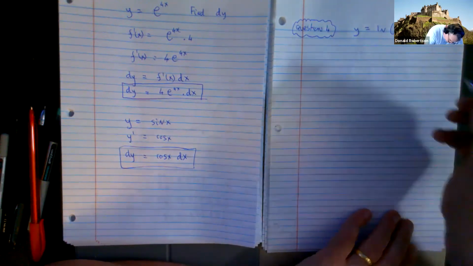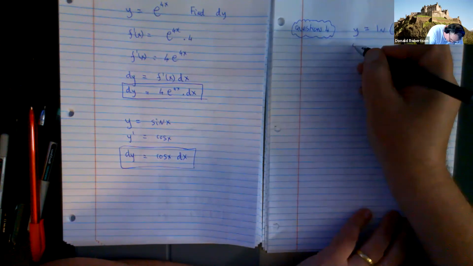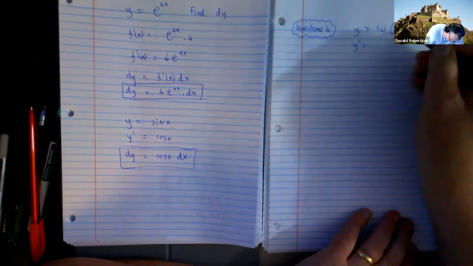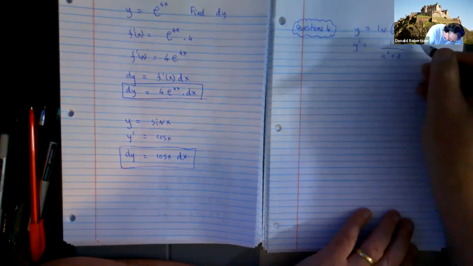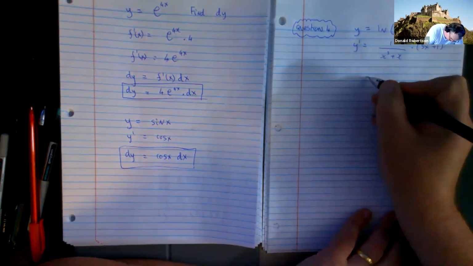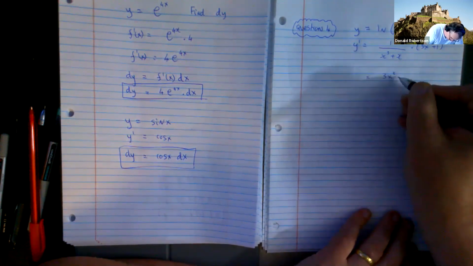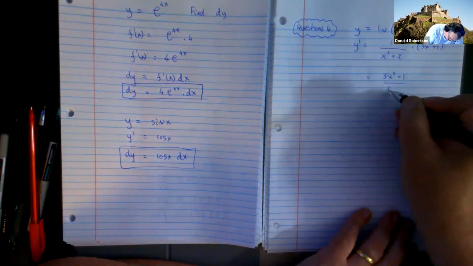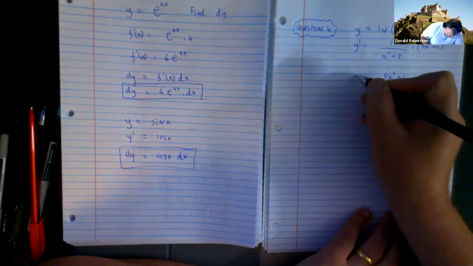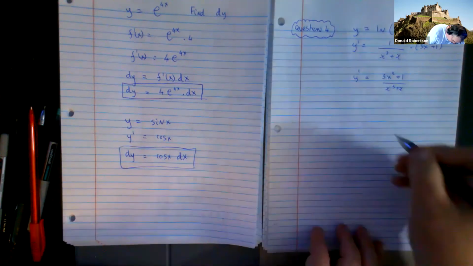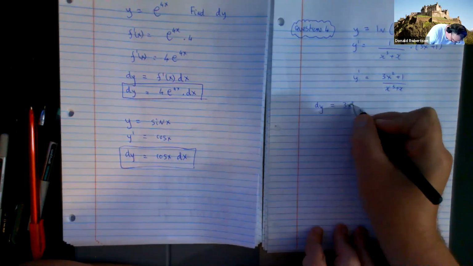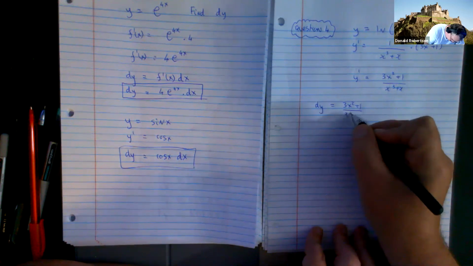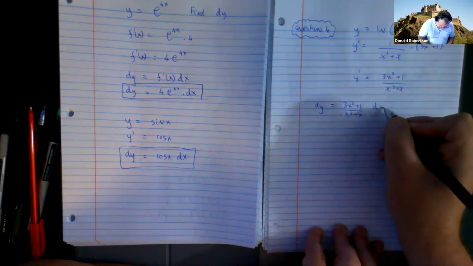So the derivative is a chain rule, so it's 1 over x cubed plus x times the derivative of x cubed plus x, which I'm now going to call (3x squared plus 1) over (x cubed plus x). So the differential will be the derivative dx.